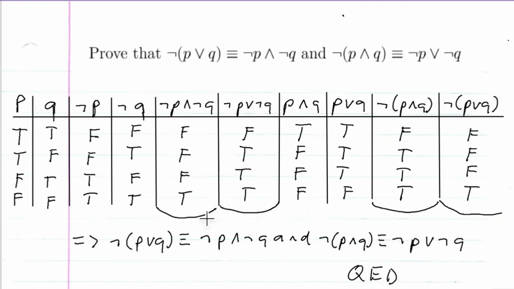So notice this guy is logically equivalent to this guy by truth table. And this guy, column 2, is logically equivalent to this not P and Q over here, right? And that's how you can show that these propositions here are logically equivalent to each other.